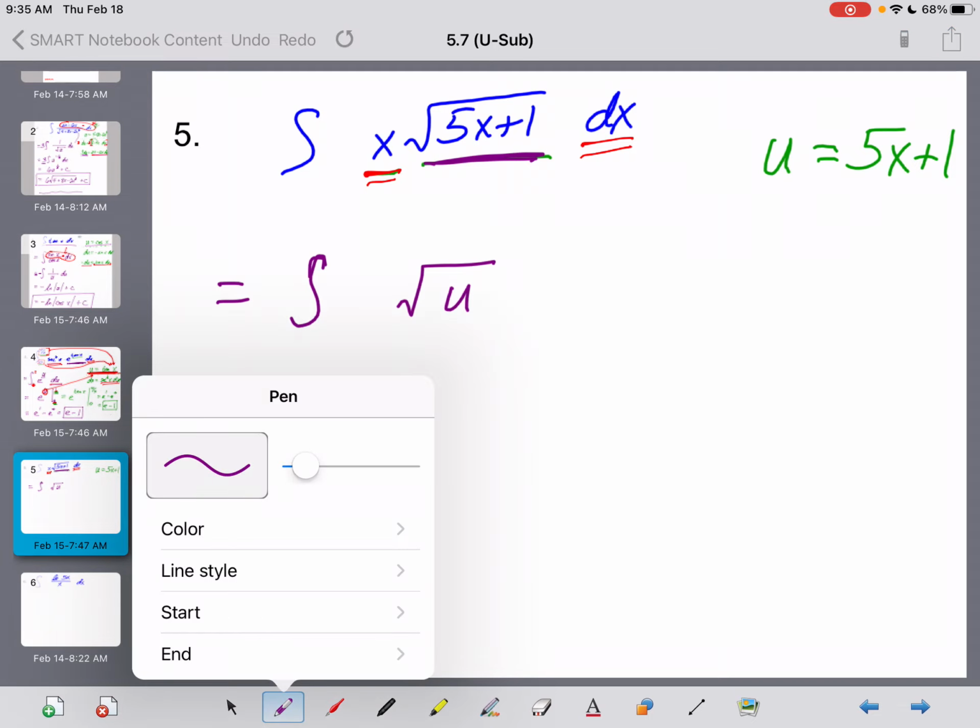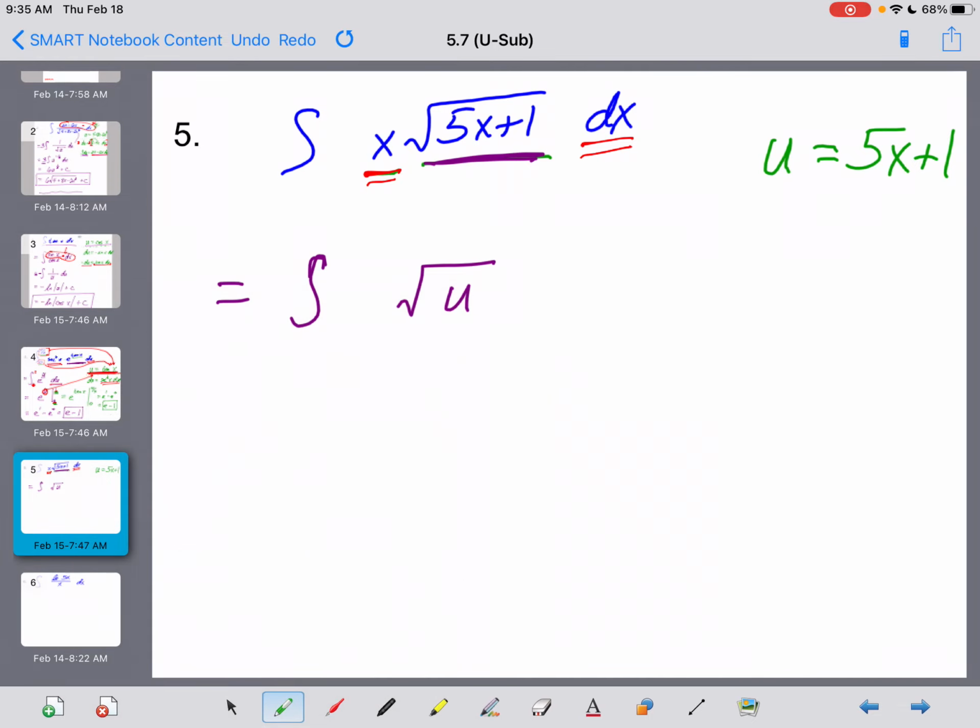So at this point, no reason to think we do anything different than we have been doing. I'm going to differentiate both sides of that equation. But here's where it gets a little bit odd. The derivative of u is equal to, well, the derivative of 5x plus 1 is just 5 dx. And ask yourself, does that match up with what we had here that we needed for our secondary substitution?